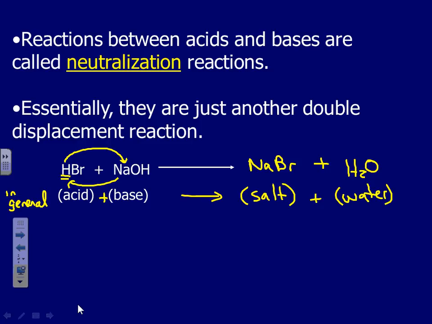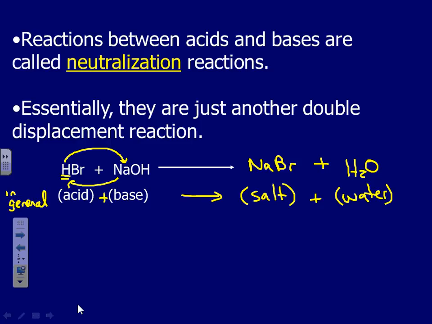But chemists call any ionic compound a salt. So even sodium bromide is a type of salt. So for all neutralization reactions, you will always have an acid reacting with a base to produce water and then some kind of a salt, which is the other compound.